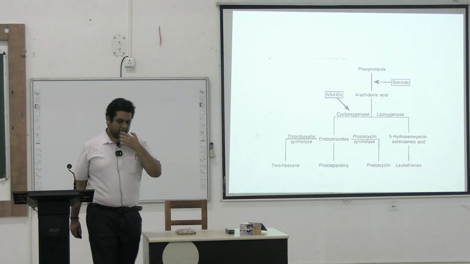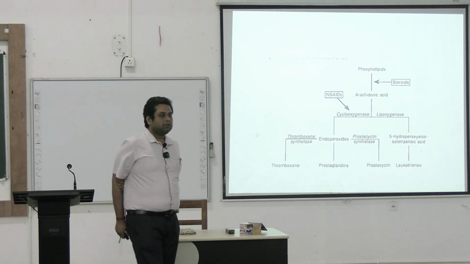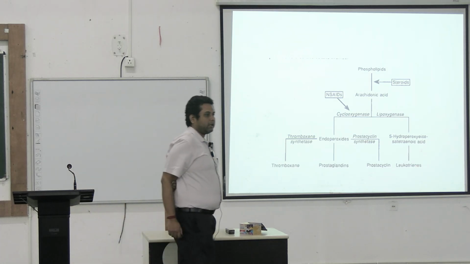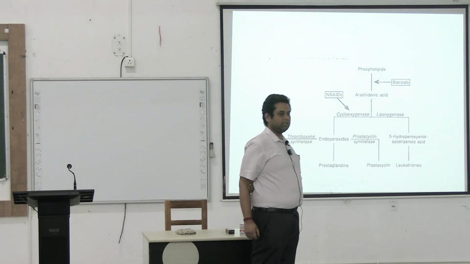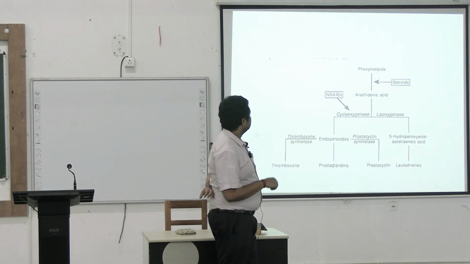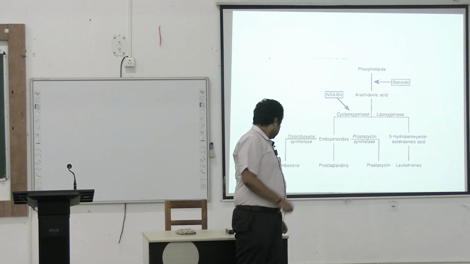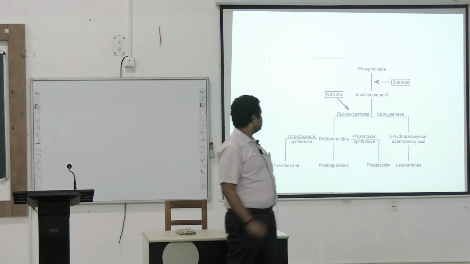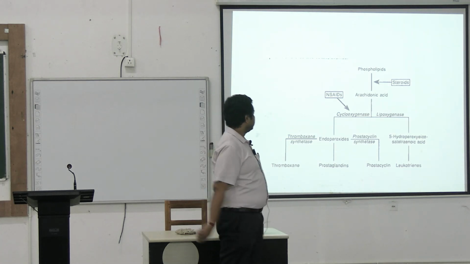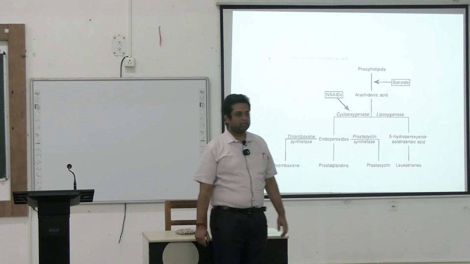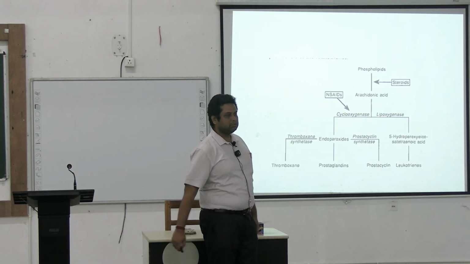So the majority of chemical mediators are derived from arachidonic acid, the phospholipid. So there is phospholipid from which arachidonic acid is produced. Then there is the cyclooxygenase pathway and the lipoxygenase pathway.